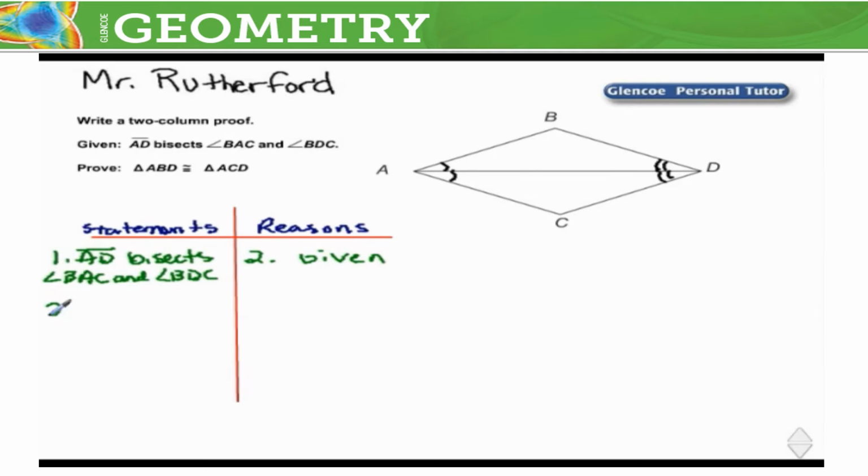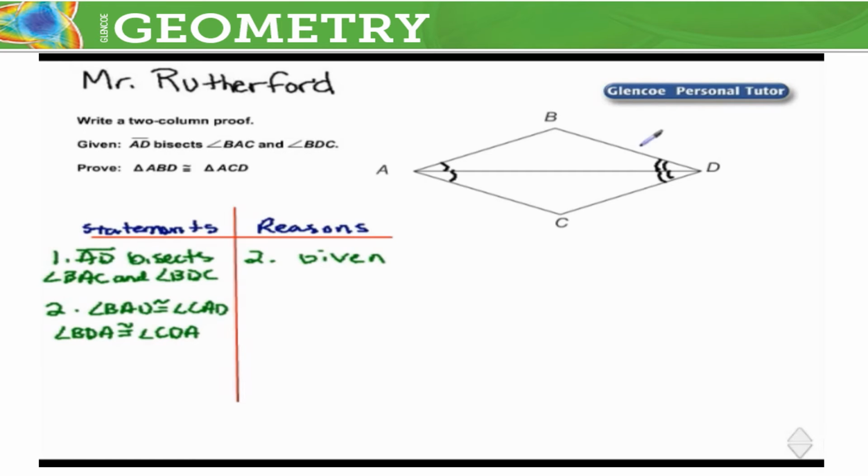Number two statement will be to say that angle BAD is congruent to angle CAD. This is what I stated earlier. And we can also say that angle BDA is congruent to angle CDA.